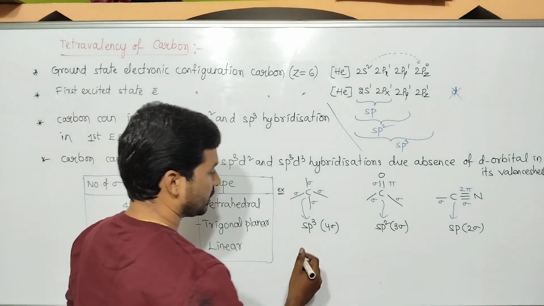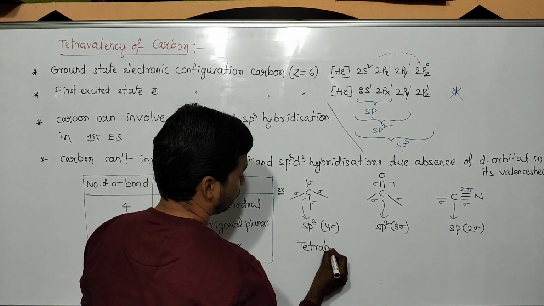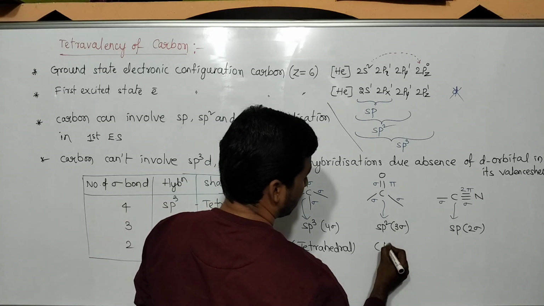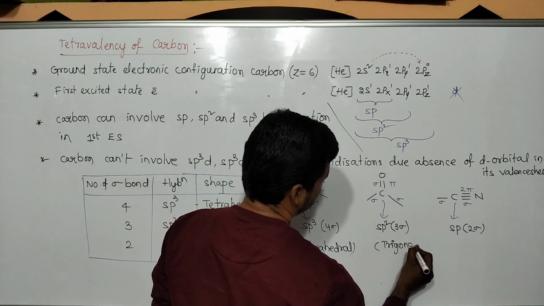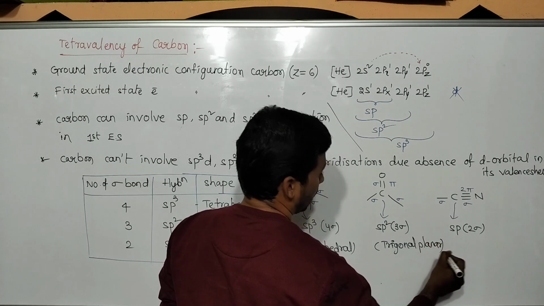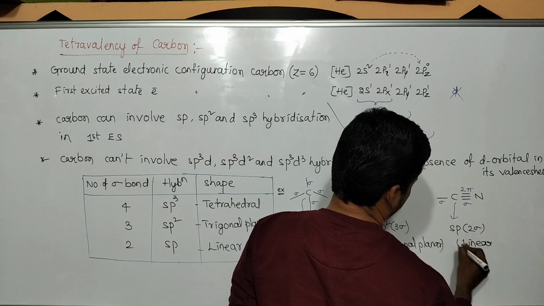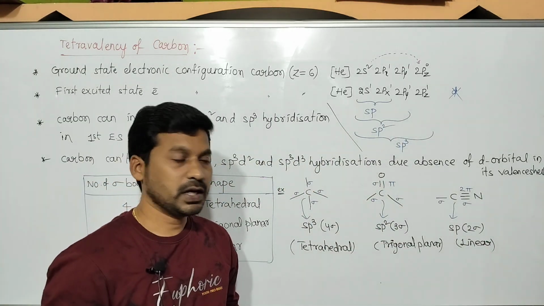So what is the shape of the molecule here? sp3 hybridization, tetrahedral. Here the arrangement of atoms, trigonal planar molecule, and this is what? Linear molecule, right?